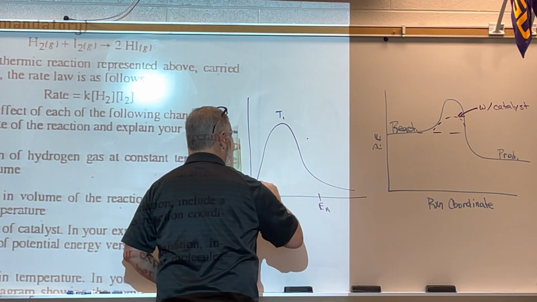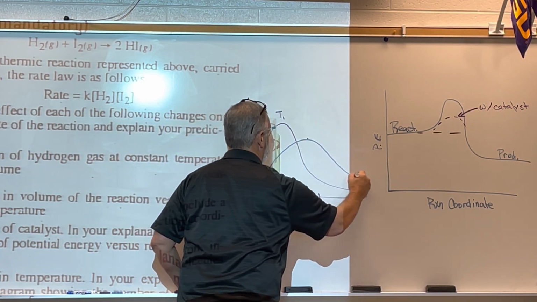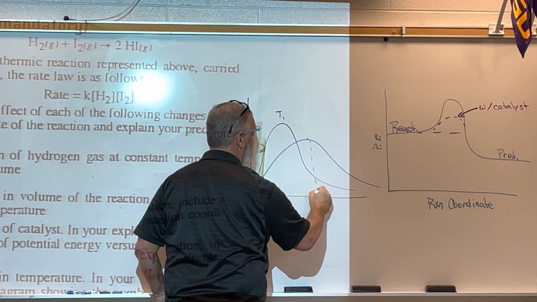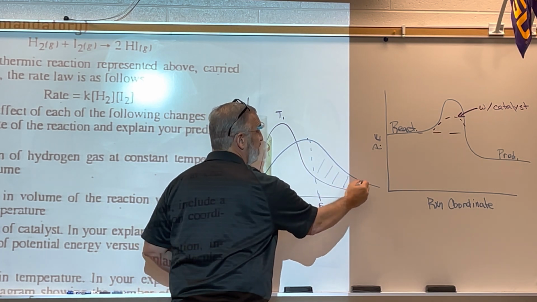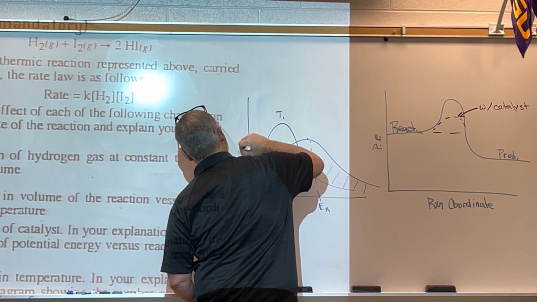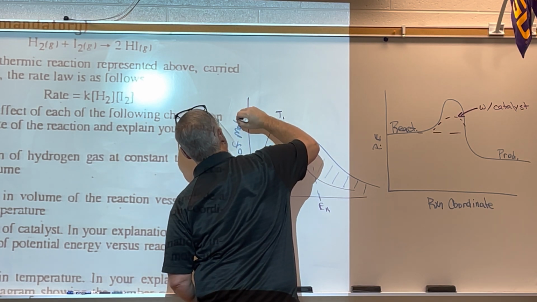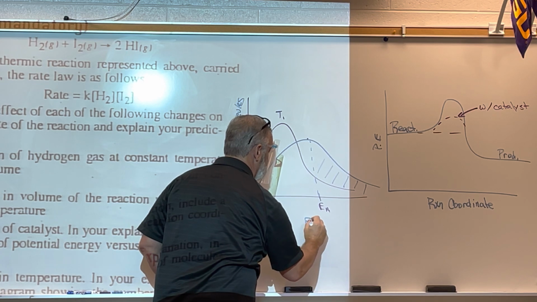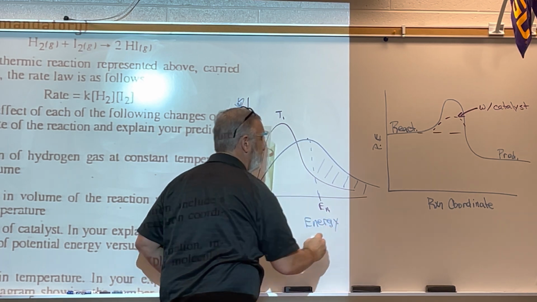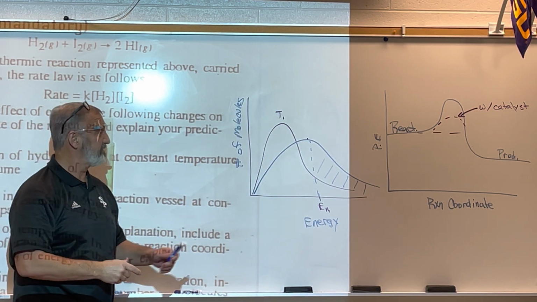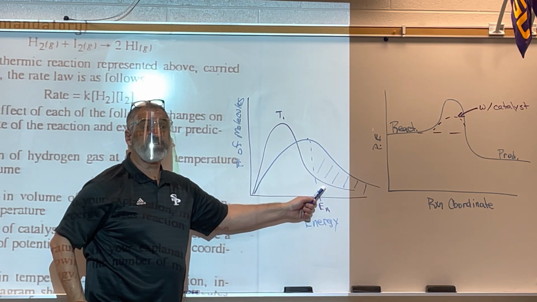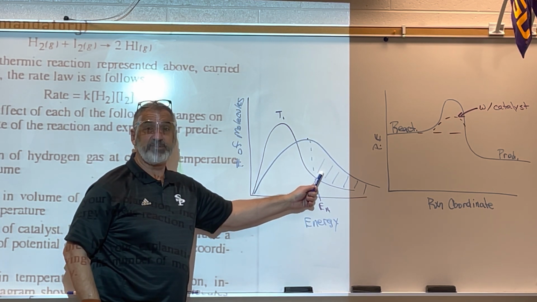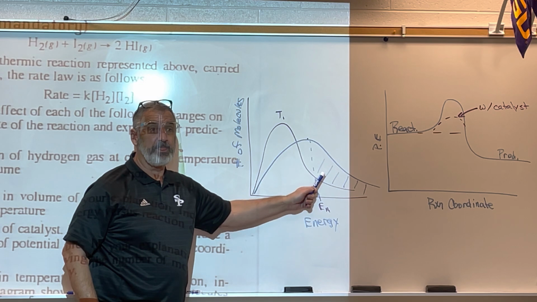But now notice we have a lot more area under the curve beyond EA, meaning the number of molecules, and this is energy. It's really kinetic energy, or the speed of the molecules. A lot more area under the curve, therefore many more molecules with enough energy to overcome EA.